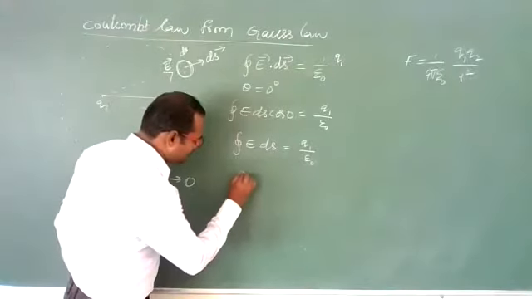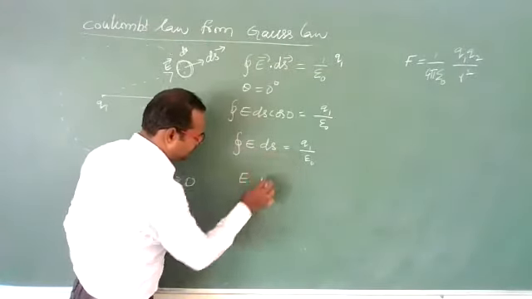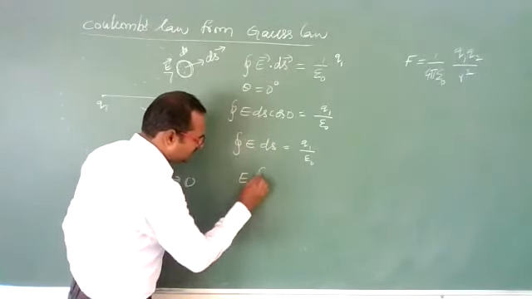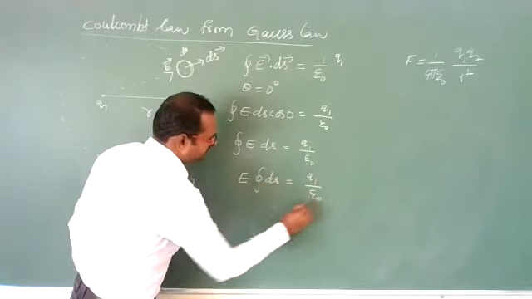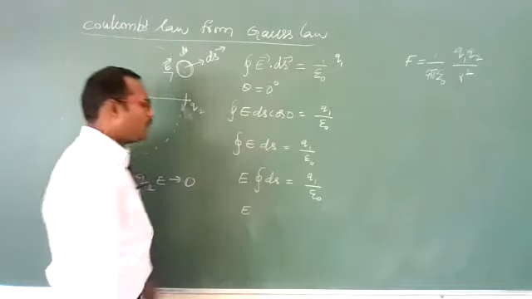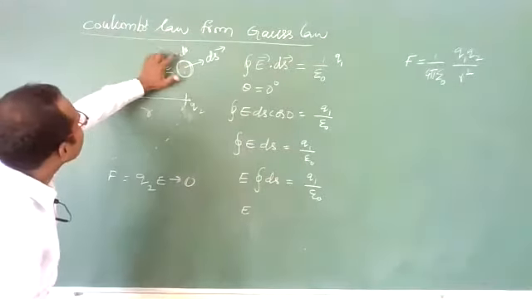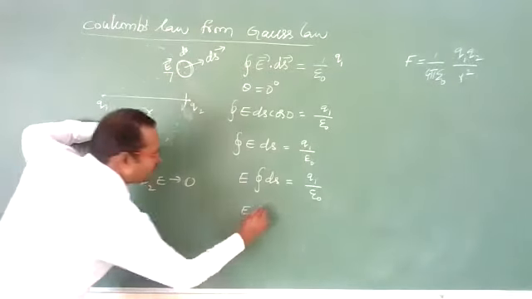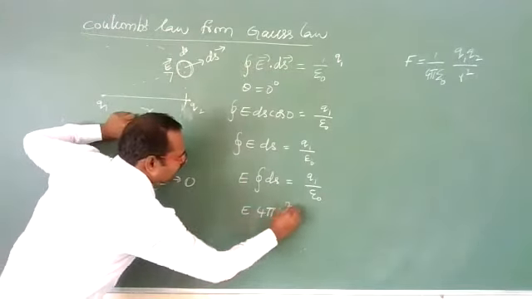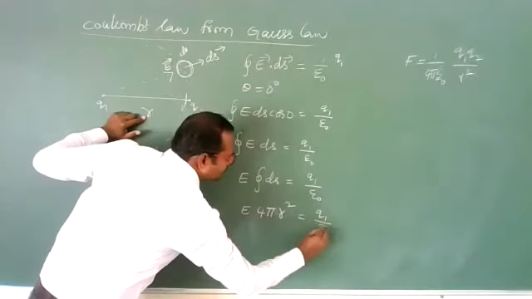So electric field E outside into surface integral of ds is equal to q1 by epsilon naught. Now E into what is this total spherical surface area, radius is r, that is 4 pi r square, is equal to q1 by epsilon naught.